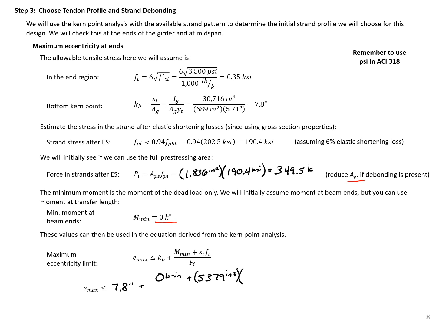Our stress limit here is 0.35 KSI, and we're going to divide by our initial pre-stressing force after elastic shortening, 349.5 kips. So we'll get our maximum eccentricity here to be 13.3 inches.